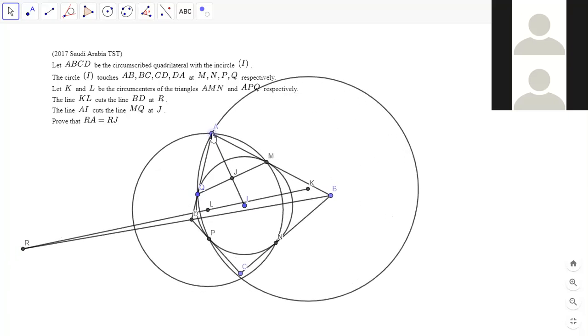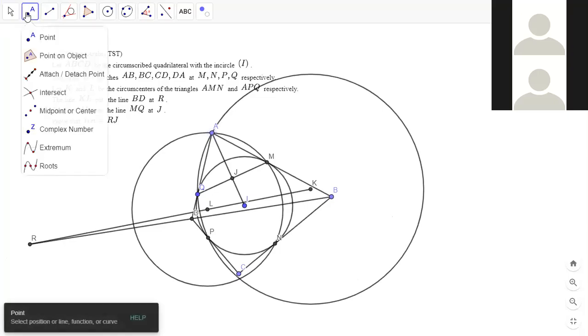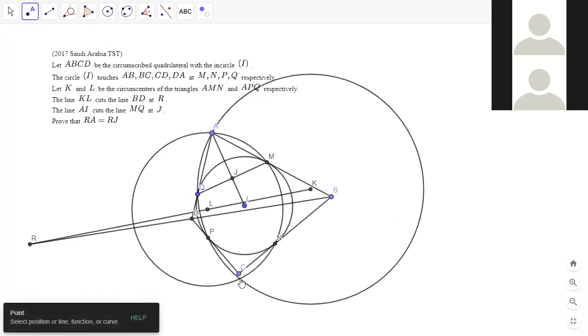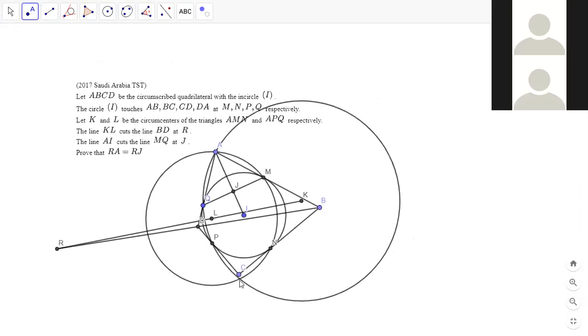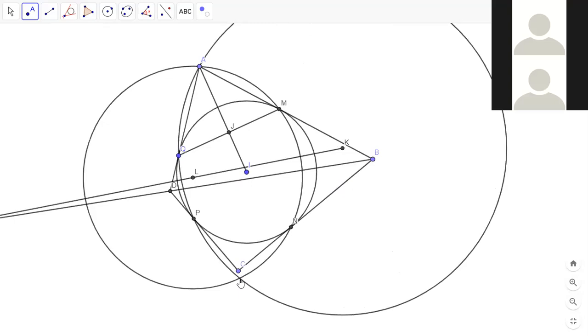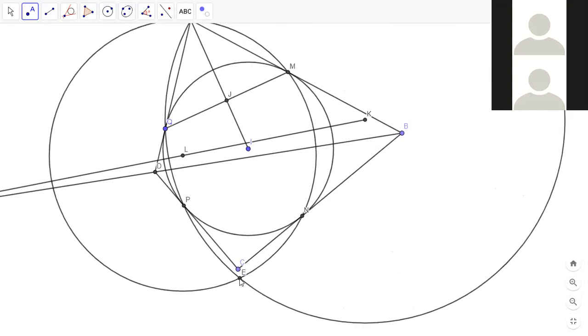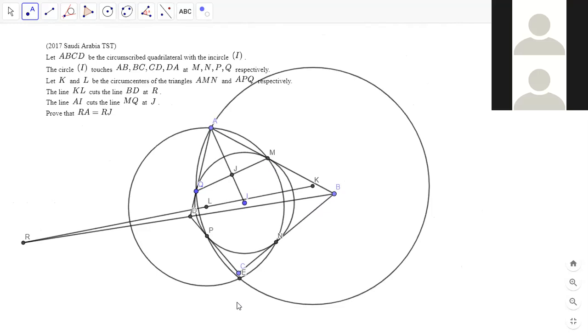Yeah, I think C is always going to be kind of close to the intersection of those circles. Yeah, it's not going to draw them unless I zoom in a lot. Sorry. So yeah, R.